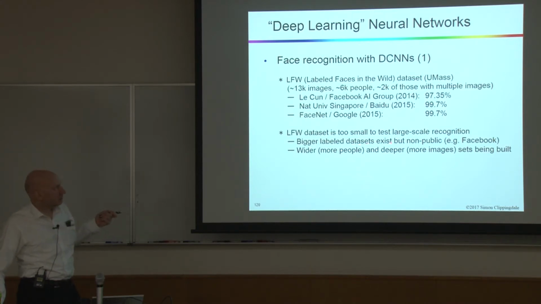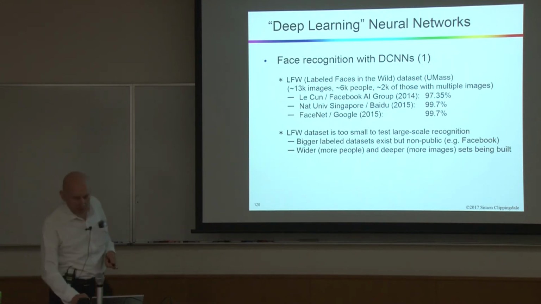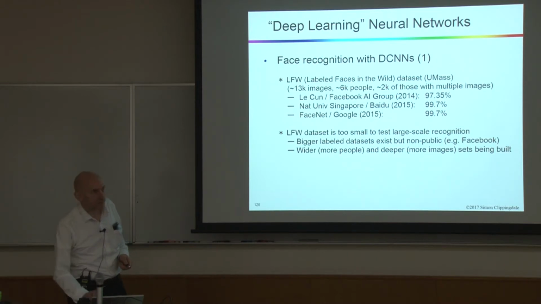There are bigger labeled data sets, but they're not public, such as Facebook's huge number of tagged images, which is very convenient for Facebook, but not so great for everyone else. But there are now more public data sets being built, so they're wider, meaning more people, and they're deeper, meaning more parameter variation per person.